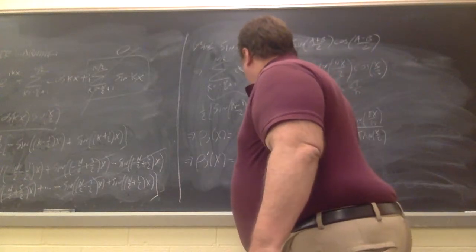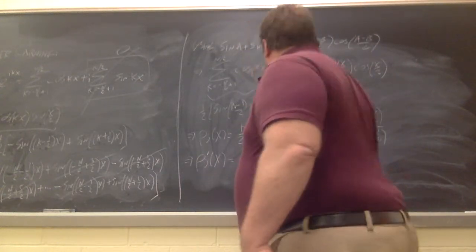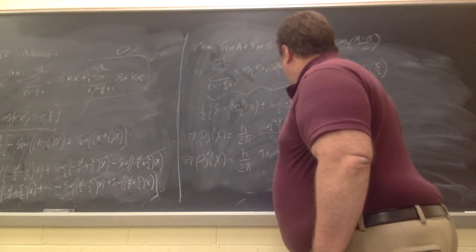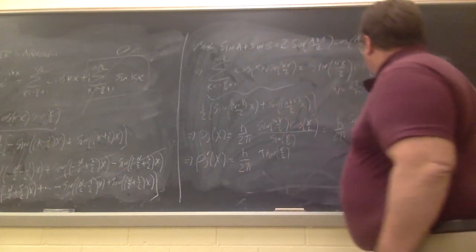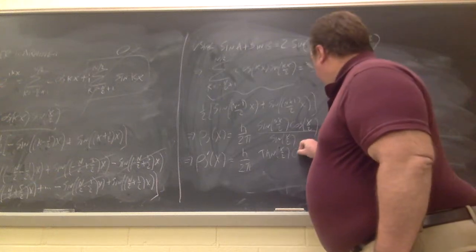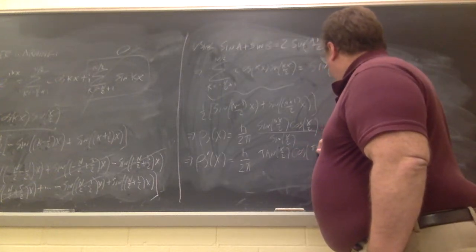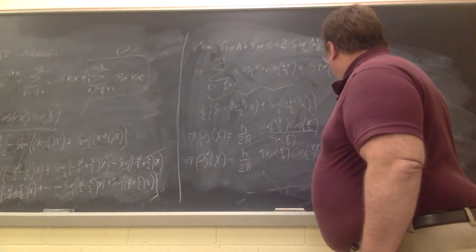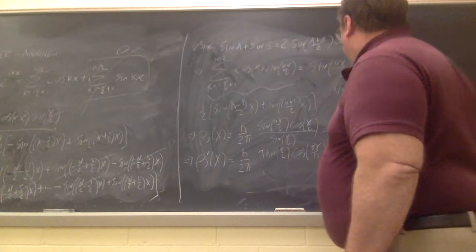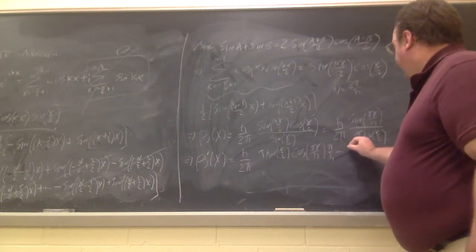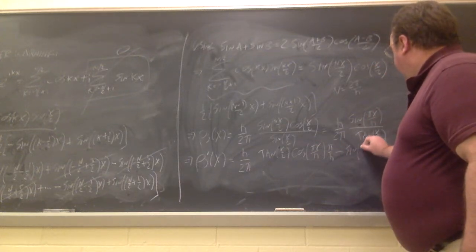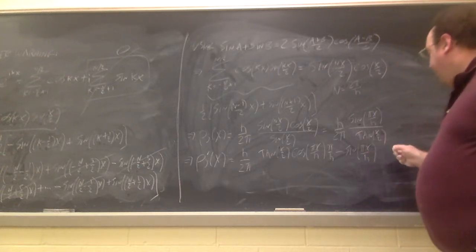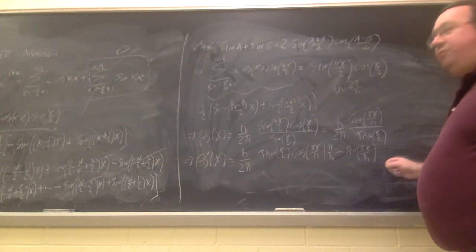So I'll have tangent times the derivative of sine, so it's cosine pi x over h times pi over h, and then minus sine pi x over h times the derivative of tangent. What's the derivative of tangent?